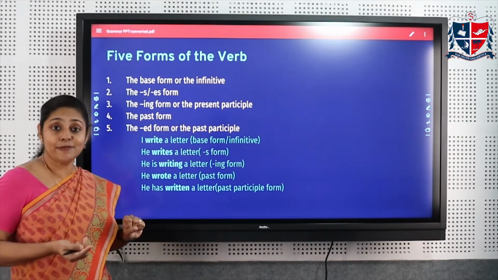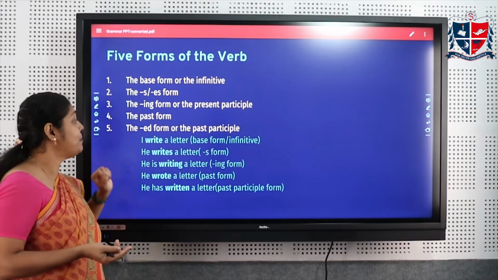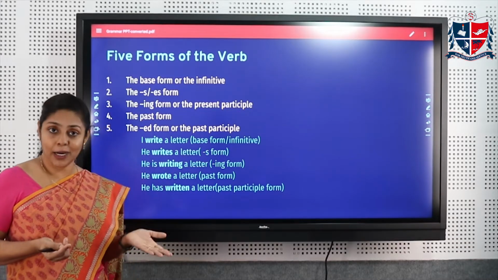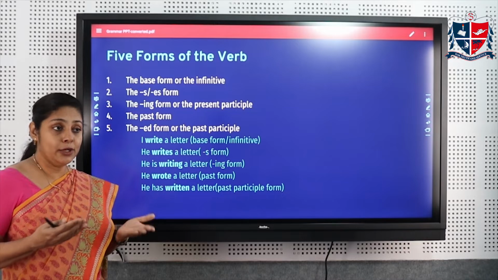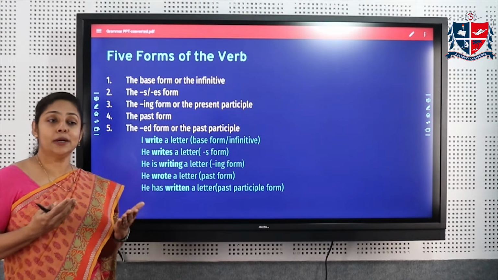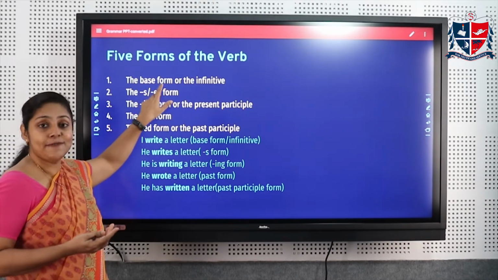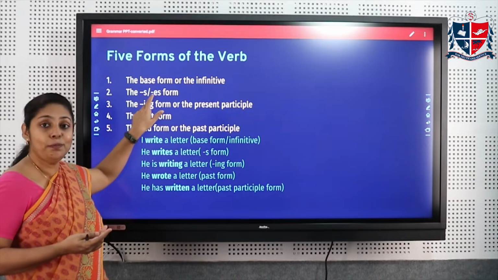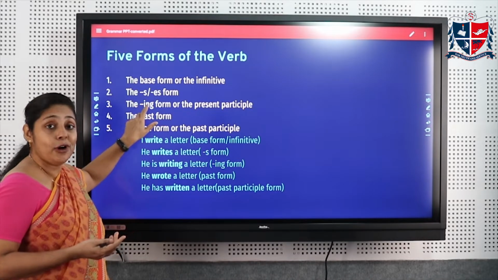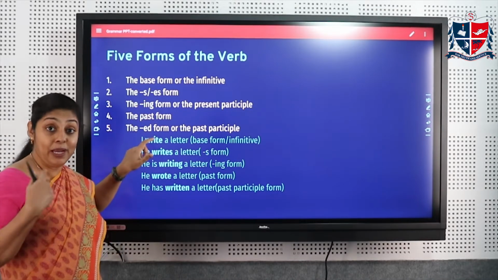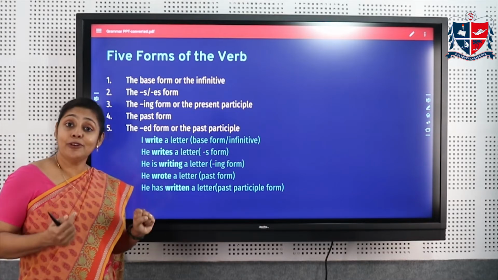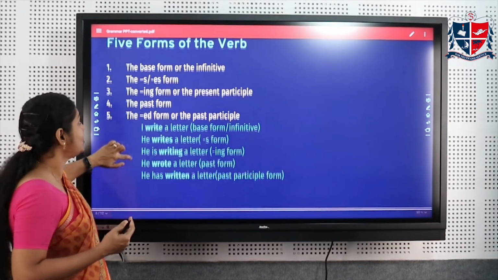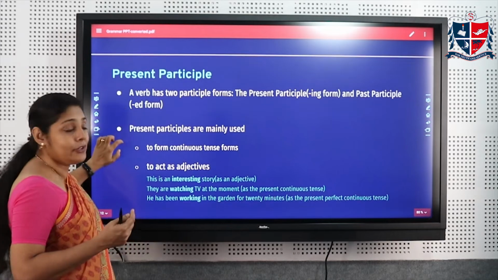Then you have the past form, sang. You have the past participle form, sung, right? Suppose you take another verb like play. So you have the base form, play. The S form, plays. The ing form, playing. The past form, played. The past participle form is also played, right? So we have 5 forms of the verb.